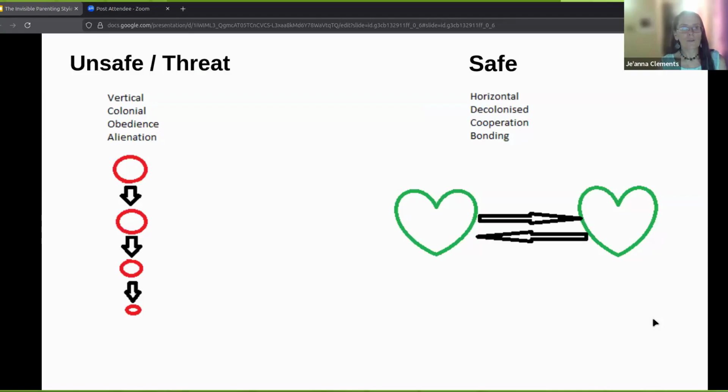So those of you who've worked with me for a while will be very familiar with this framework. And this is my way of describing two different ways of relating around power relationships. I developed this framework when I was trying to figure out why nonviolent communication wasn't working for quite a few of the people that I was trying to support and help with learning how to parent differently and also to facilitate self-directed education.